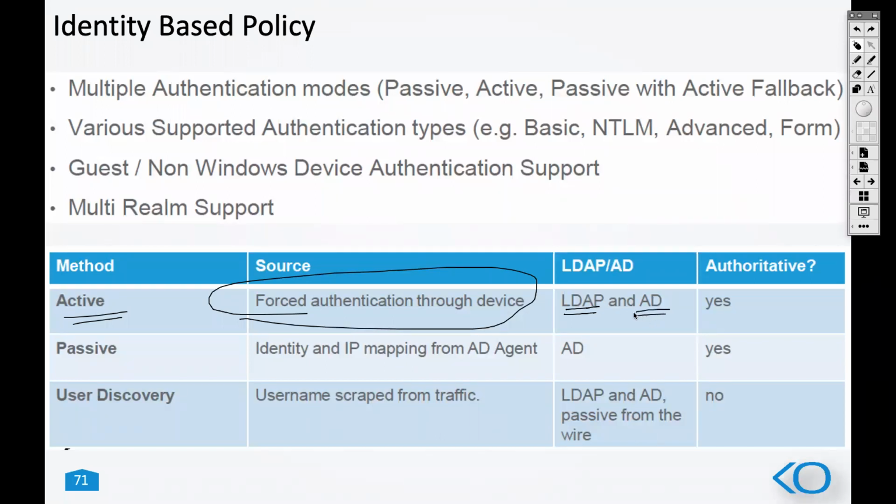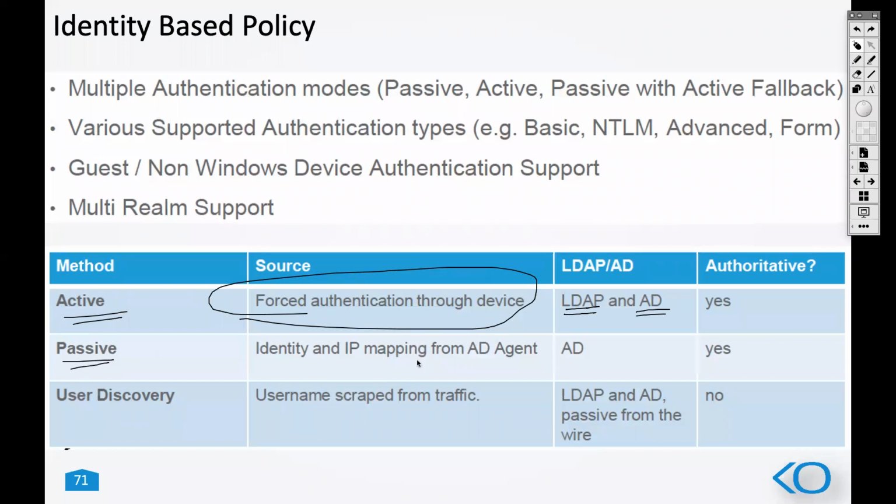My Firepower is checking with those servers to verify whether this username and password are correct, verify which group this user is in, and then accordingly look in the policy whether this user has permission or not. So active authentication is where the user has to first authenticate, and only after that would he get access to the network.